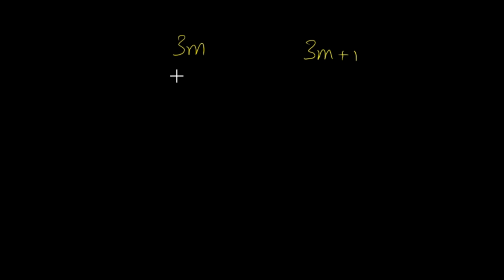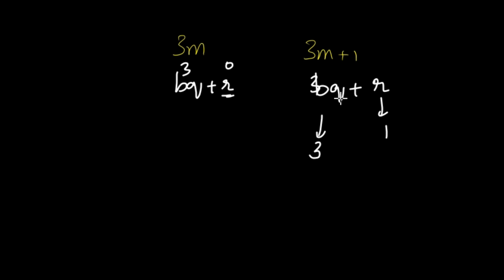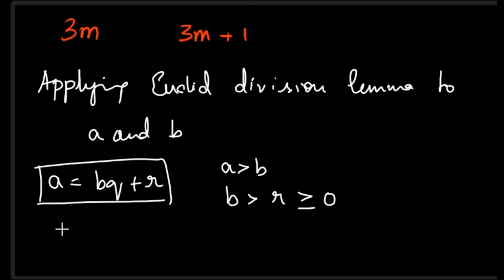This is of the form bq plus r, where r is 0, b is 3, bq plus r, where r is 1, b is 3, q is m. So we can take b equals 3.